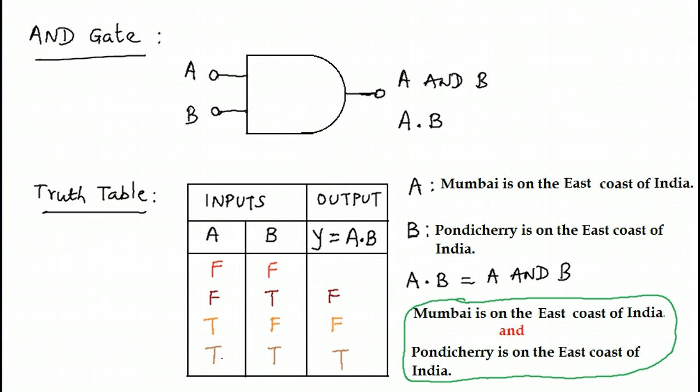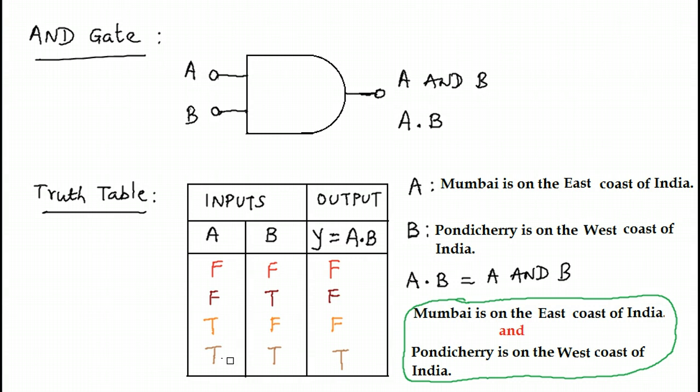That's obviously false, and that's what I want. Now I want B to be a false statement, so I just change it like that. Pondicherry is on the west coast of India, obviously false. So read them together. Mumbai is on the east coast of India and Pondicherry is on the west coast of India. Obviously the entire statement is false.